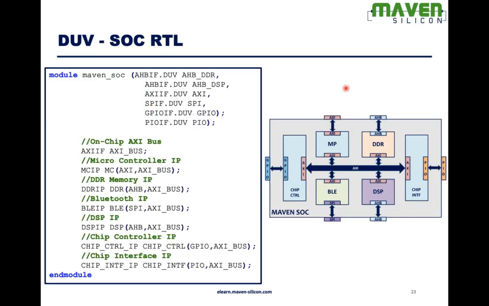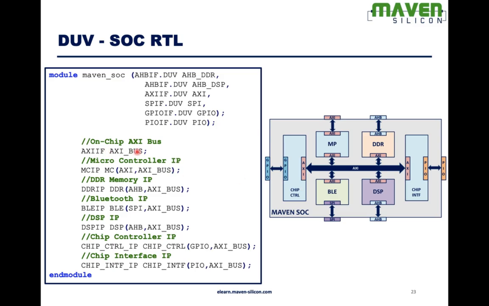This is how we create the top level module for the SoC, Maven_SoC module name, end module, and these are all the various ports: AHB, AHB for DDR, AHB for DSP, AXI, SPI, GPIO, PIO. So these are all the ports of the SoC.